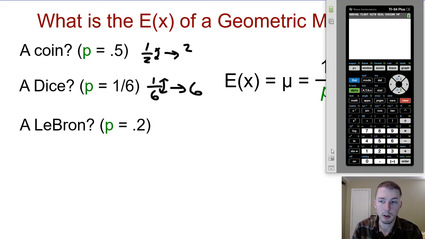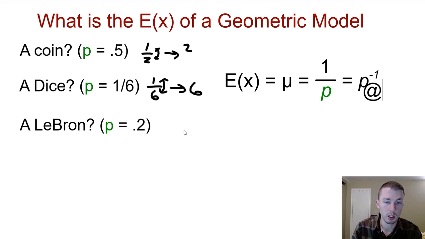If we put that in the calculator, we can do 0.2, and the reciprocal button is so common that it has its own button like squaring, which means we would expect a LeBron James card on average every 5 boxes that we open. You could also find that by doing 1 divided by 0.2, which will give you the exact same thing, which is basically 5. Okay, cool. All right.